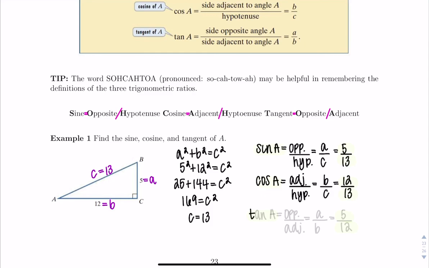And the last one is tangent of A, which is opposite over adjacent, and that's a over b, and this gives us 5 over 12.